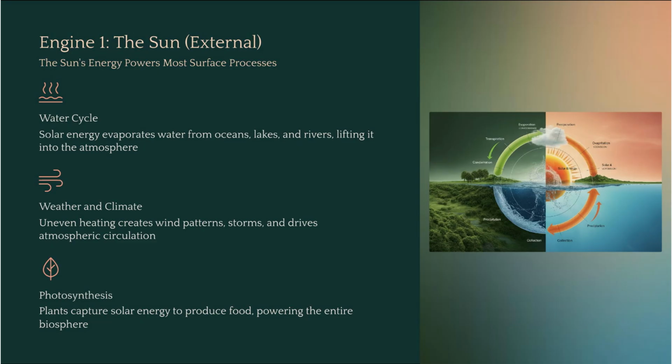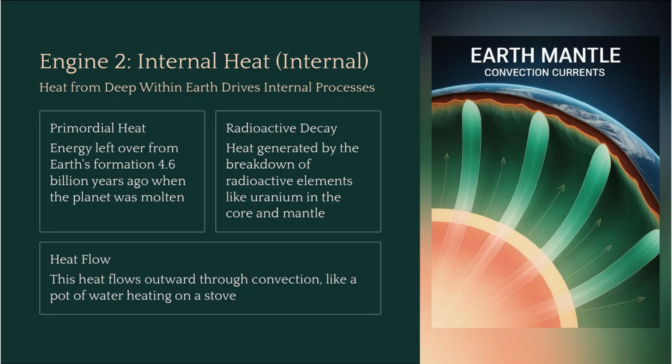And of course, the sun provides the light that plants use for photosynthesis, which is the foundation of the entire food web. The second engine is hidden deep beneath our feet, Earth's internal heat. When Earth first formed, it was a molten ball of rock, and it's still incredibly hot in the center.